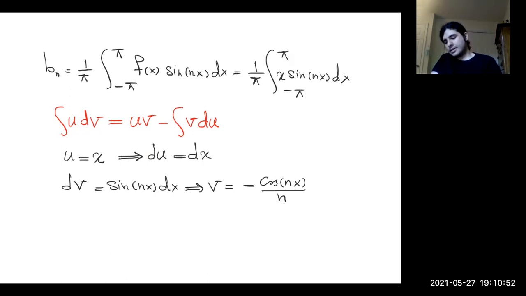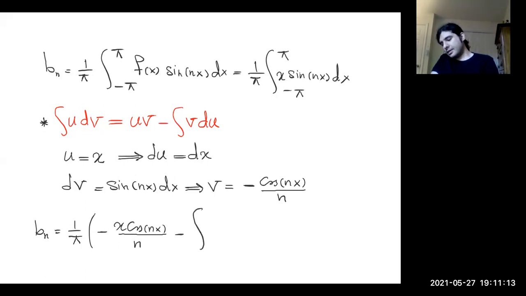Now, having this integration by parts formula in mind, Bn would be equal to 1 over pi times uv, which here would be minus x cosine of nx over n, minus the integral of v, which is minus cosine of nx over n, du, which is just dx.